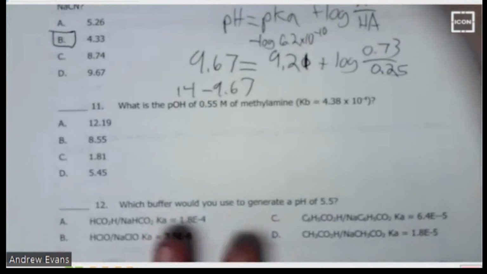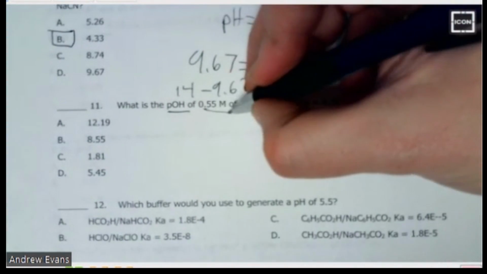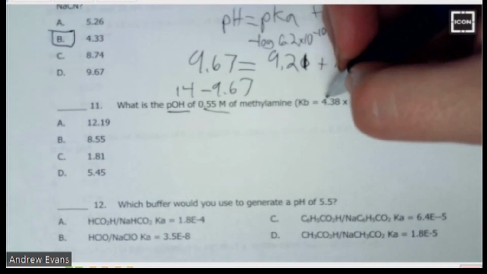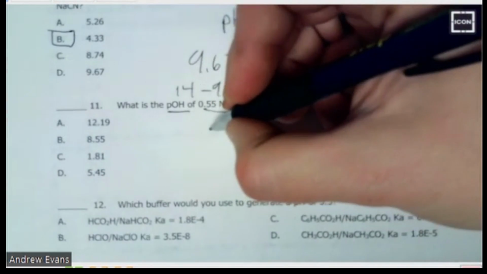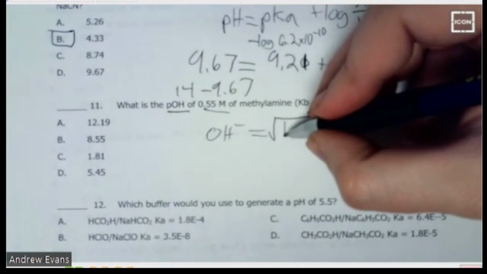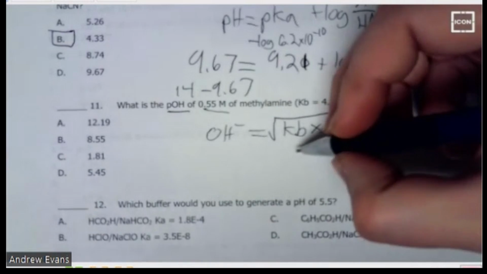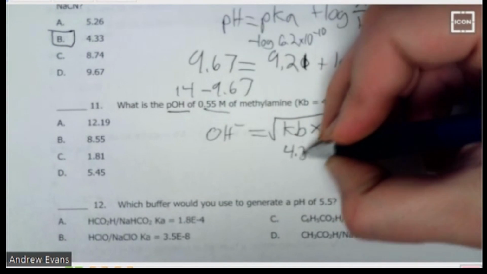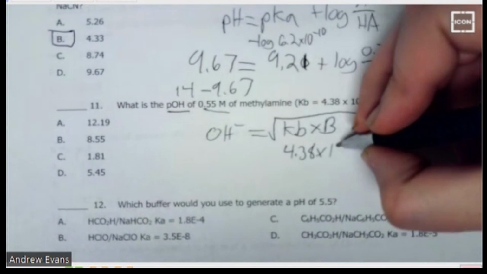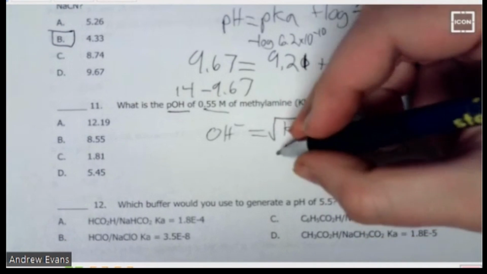Another pOH problem. What is the pOH of 0.55 molar methylamine? OH minus is equal to the square root of Kb times B. I give you a Kb, 4.38 times 10 to the negative 4th. Give you a molarity of the base, 0.55.